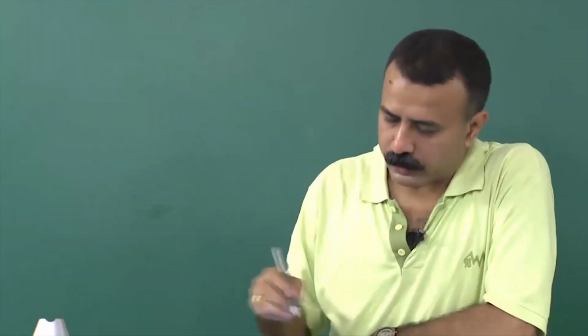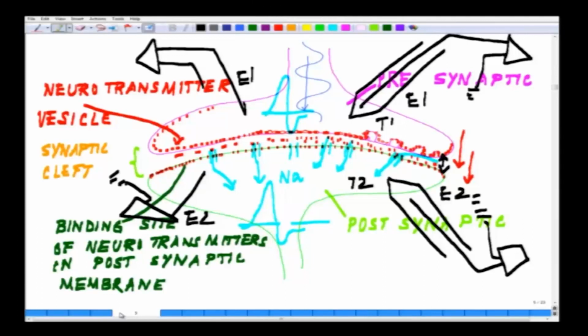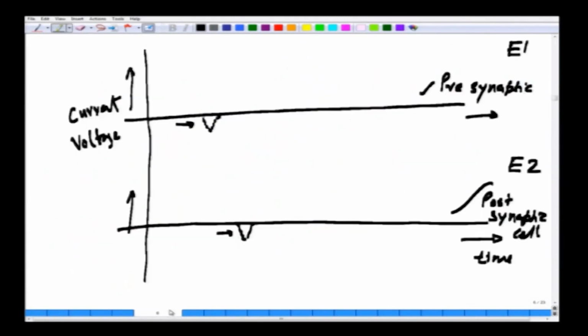Or what you can do is stimulate this cell, a physical stimulation like this, and with a slight delay you will see the response in this electrode. Say at this point I give a stimulation, and with a slight delay I will see a response.